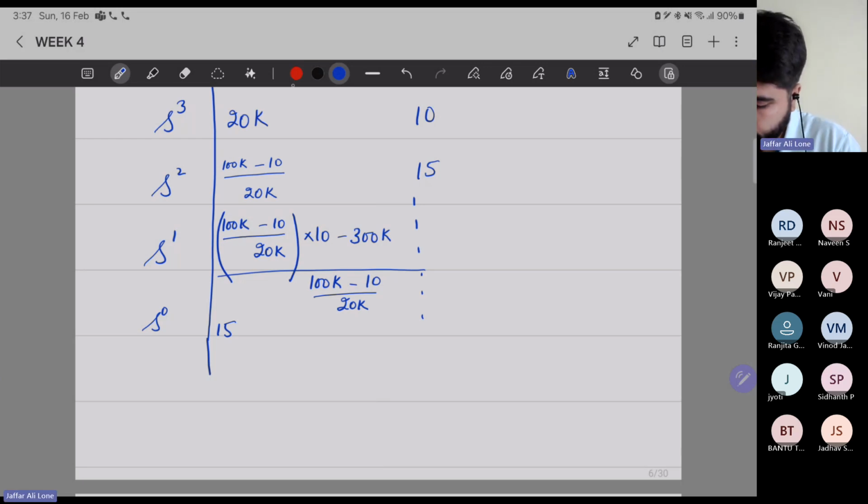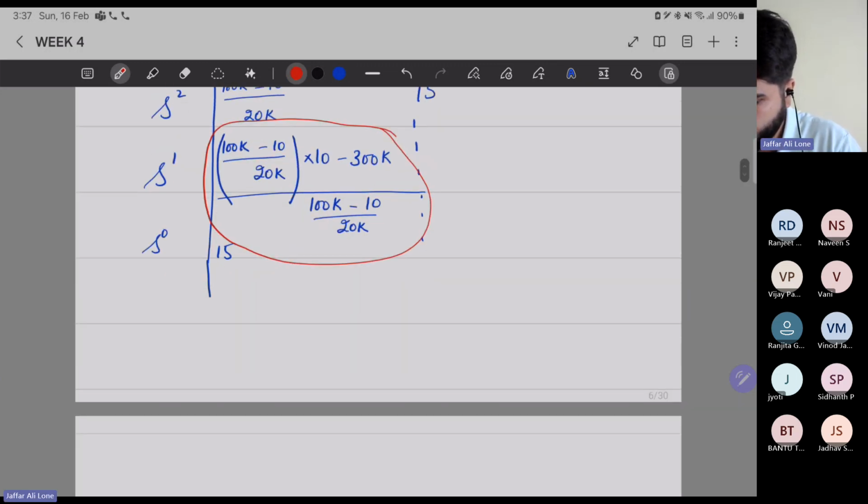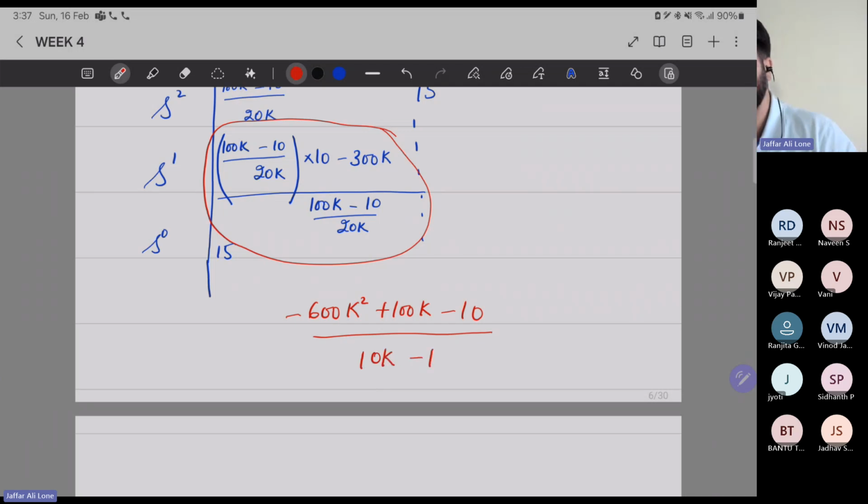Right? So if I take this term, this is the most complicated term, so I'll take this. If I solve it, I'll get minus 600k square plus 100k minus 10 divided by 10k minus 1.